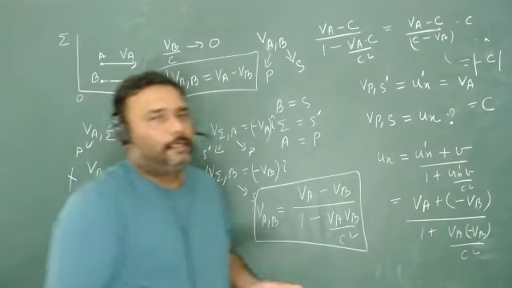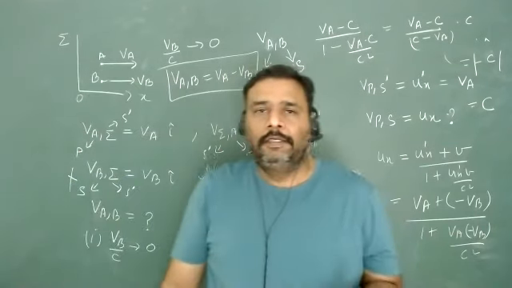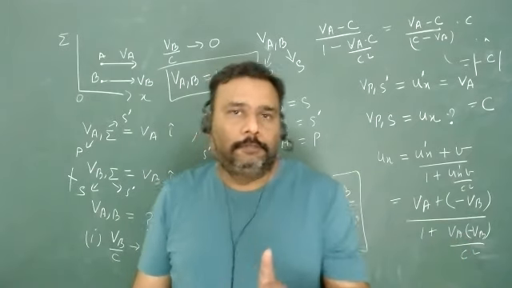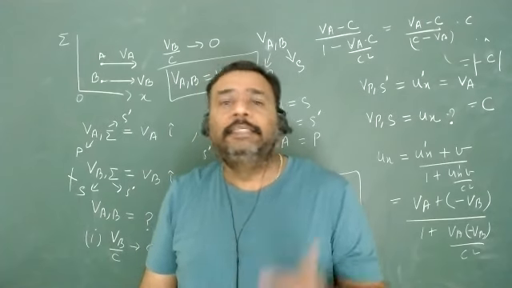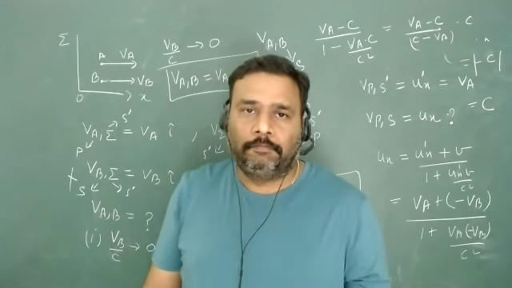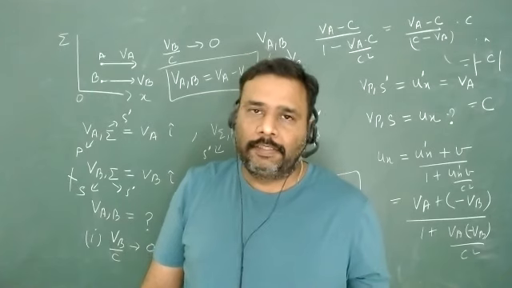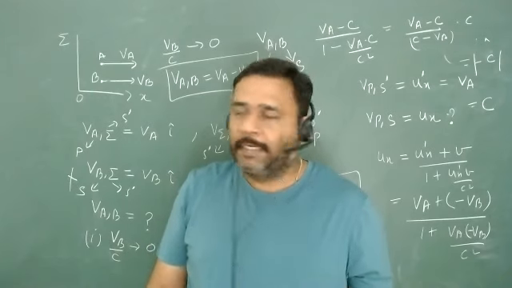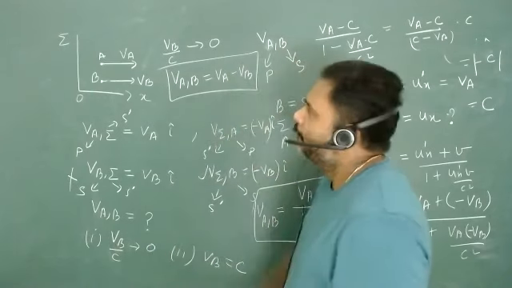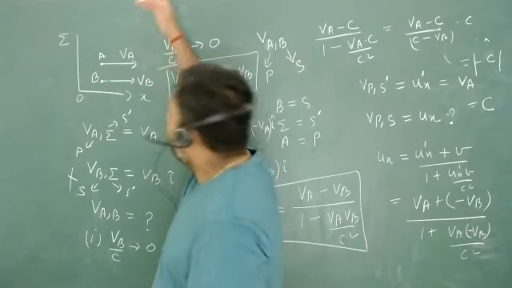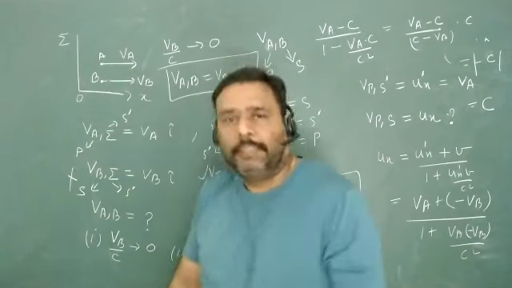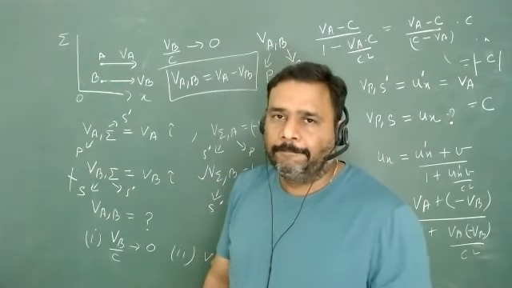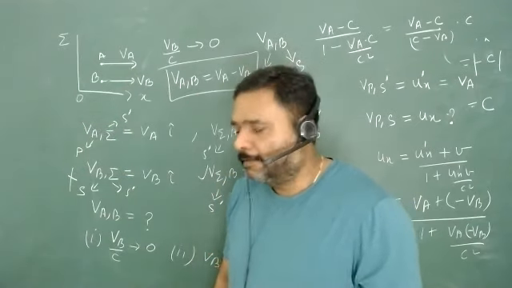And again, you will follow the same thing. That is the speed of light, and speed is magnitude, nothing to do with the direction. The speed of light is invariant from any reference frame. So we can have this kind. If you put VA is equal to C, then again you will get the speed is C. You put VB is equal to C, again you will get the speed is C. Isn't it?